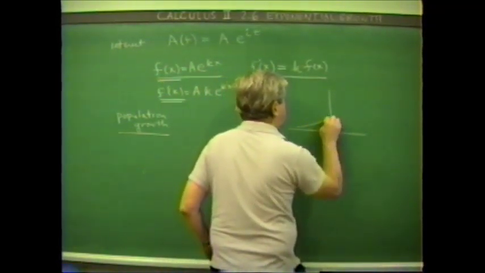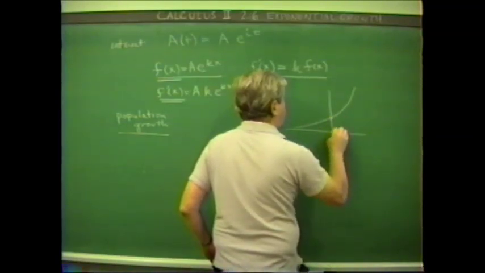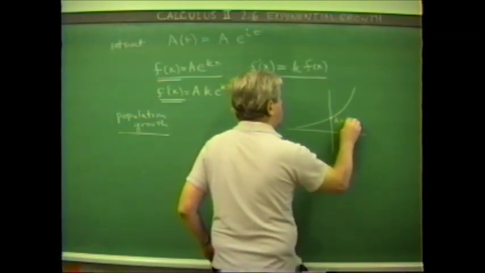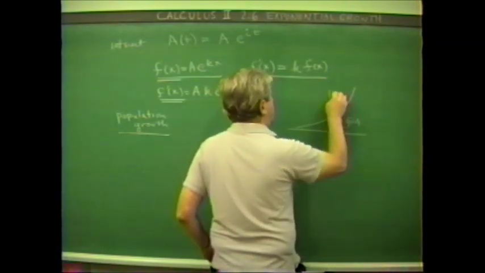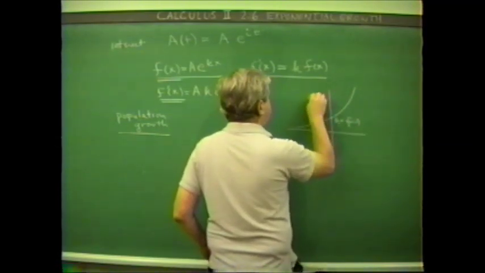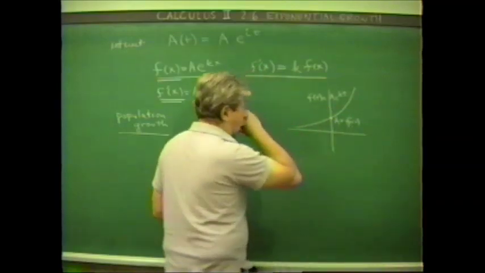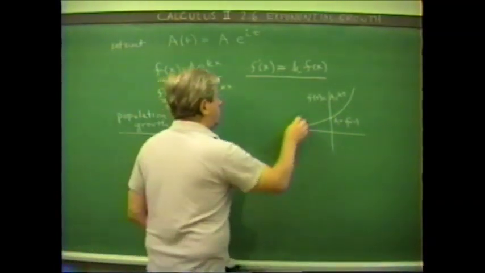That's to say, it looks like this, where this is A, or f of 0, and f of t is a e to the kt, where k is greater than 0.